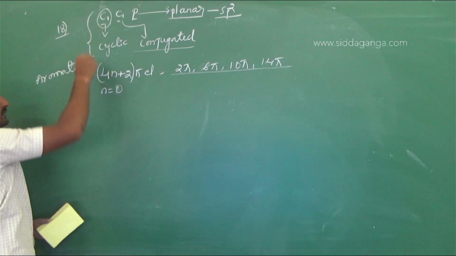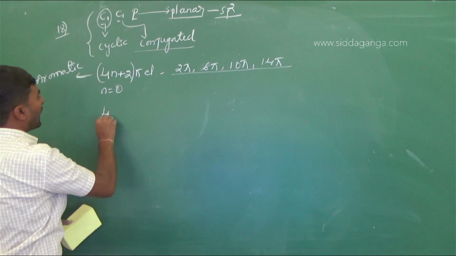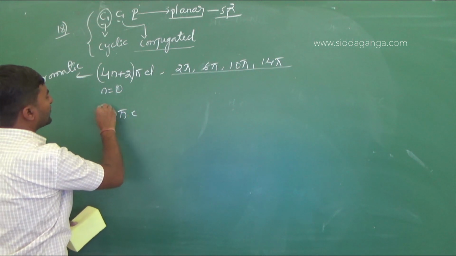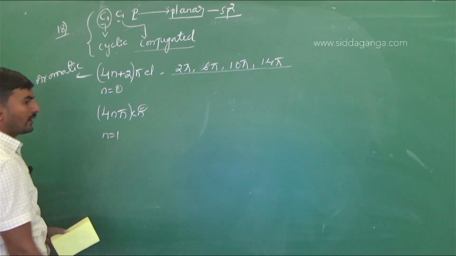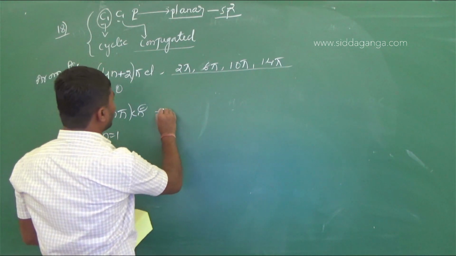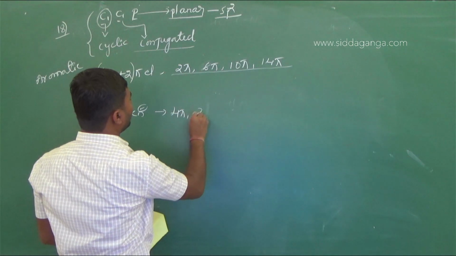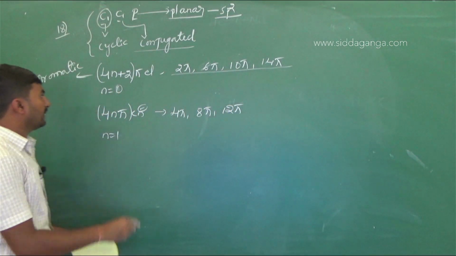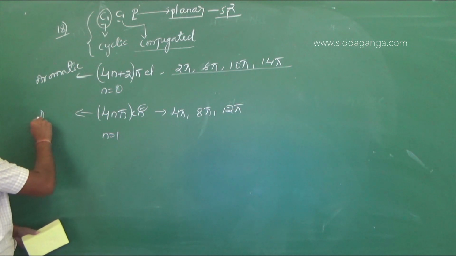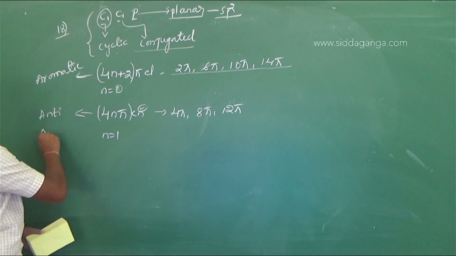After satisfying these three conditions, if the molecule has 4n pi electrons, where n starts from 1, that is 4 pi, 8 pi, 12 pi, like this, these types of molecules are anti-aromatic molecules.